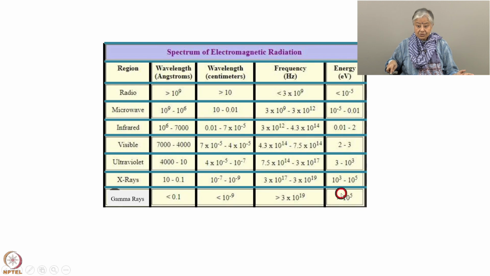Here you have different regions: the radio frequency region, microwave, infrared, visible, ultraviolet, up to the gamma ray. These are the energies that correspond to a gamma ray, this is the energy that corresponds to an X-ray, and 2 to 3 electron volts corresponds to visible light, and so on.